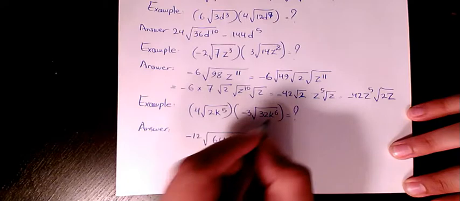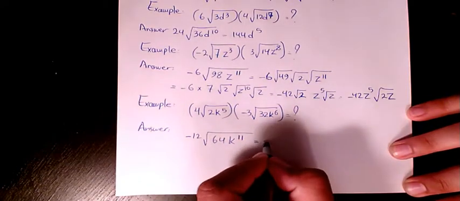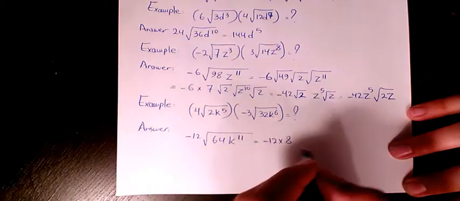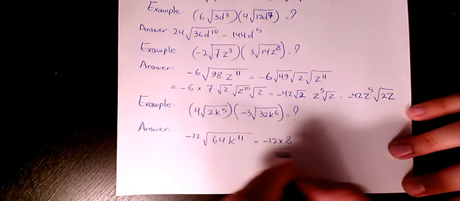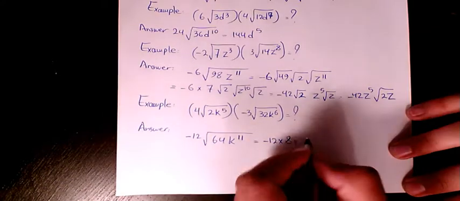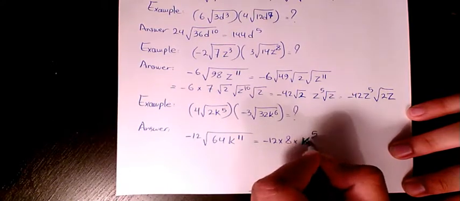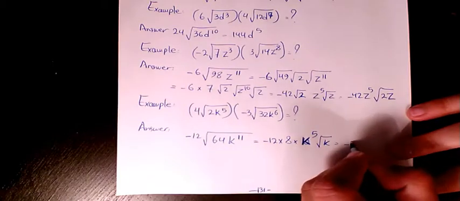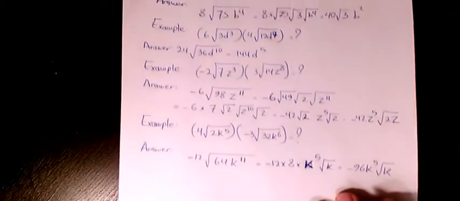K to the power of 5 times k to the power of 6 is k to the power of 11. Then it's going to be negative 12 times 8, because square root of 64 is 8. And k to the power of 11 is k to the power of 10 times k, which is going to be square root of k to the power of 10 is k to the power of 5, then square root of k, which is going to be negative 96 k to the power of 5 root k. That's the final answer.